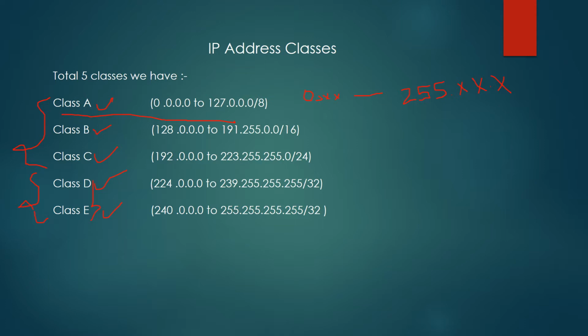The class C addresses start from 192 and end at 223. Similarly, the class D address starts from 224 and ends at 239, and the class E address starts from 240 and ends at 255. These are the reserved purpose IP addresses.